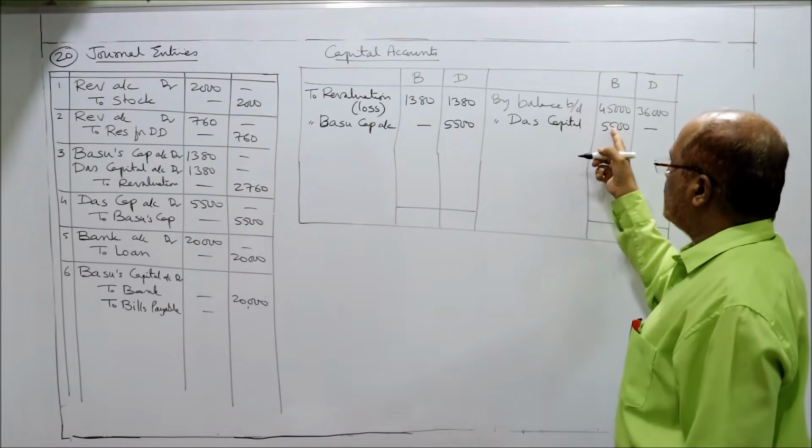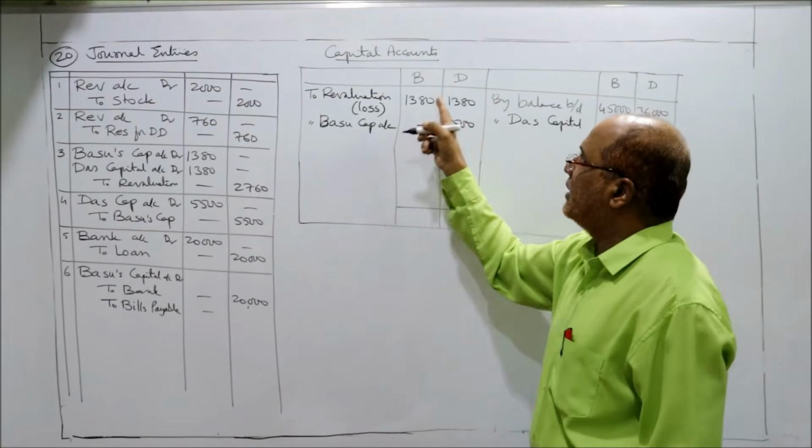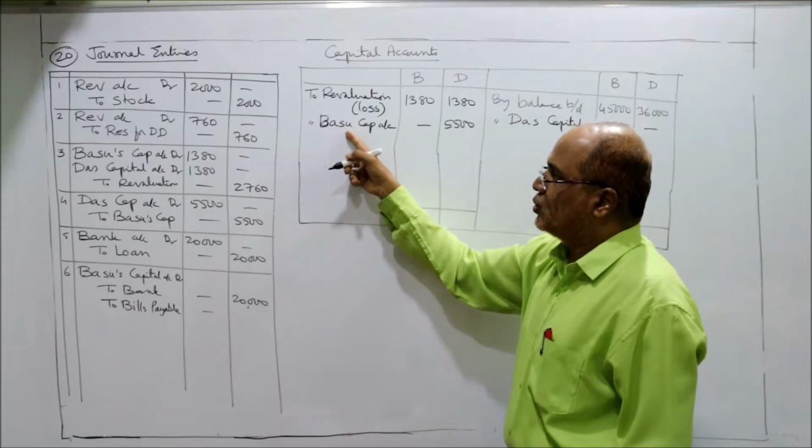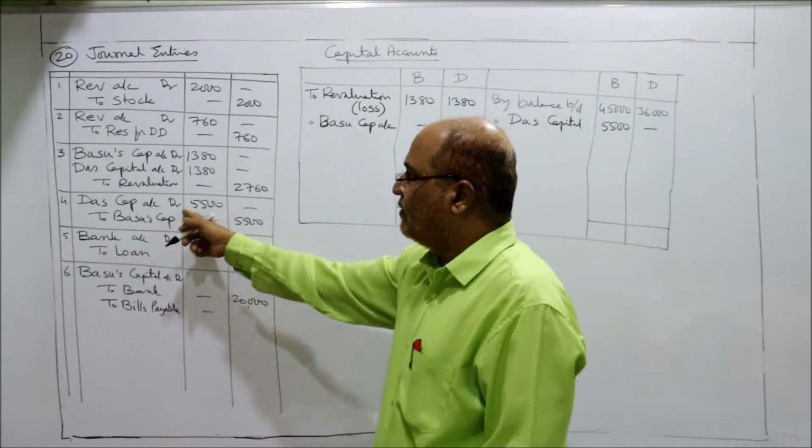So Basu's account is credited, Das account is debited. Opposite name लेंगे. दास को डेबिट करे तो टू बासु और बासु को क्रेडिट करे तो बाय दास. This entry we have posted.